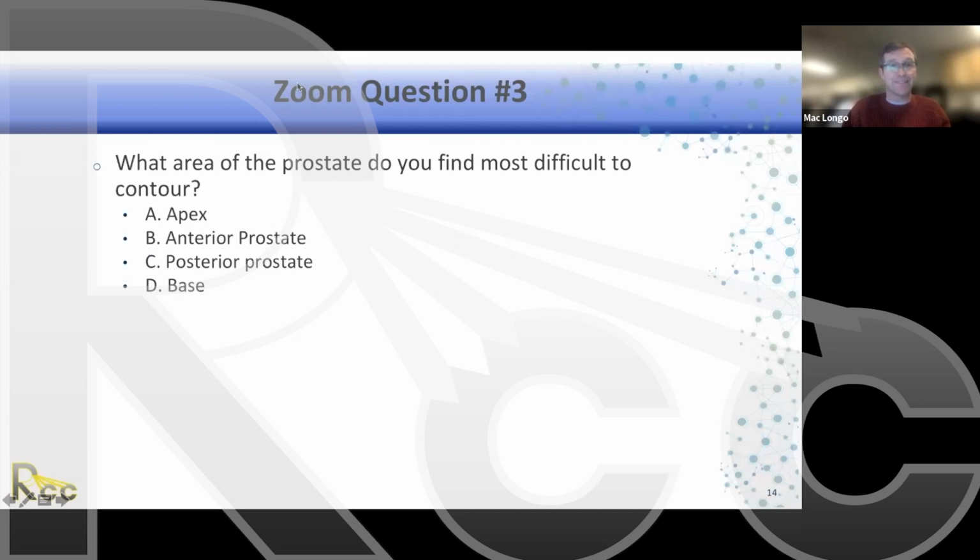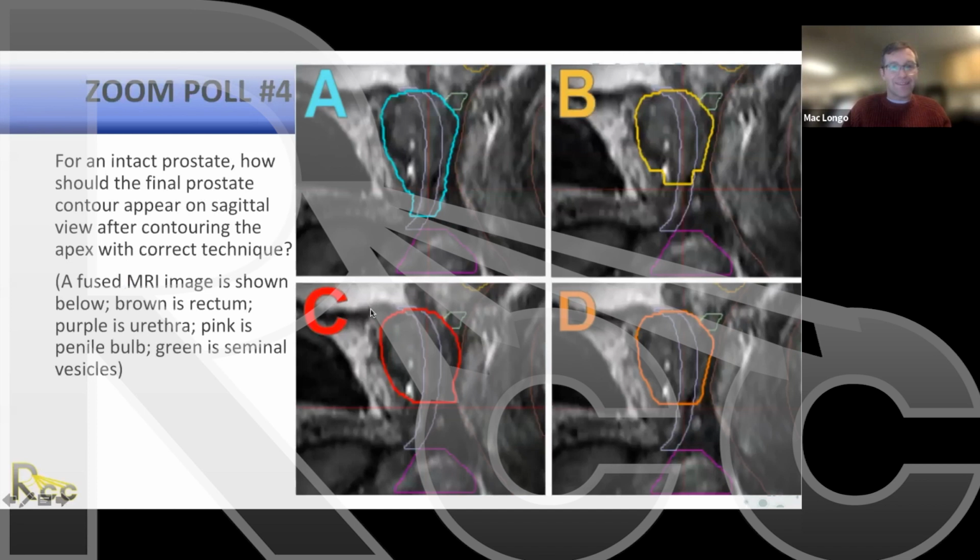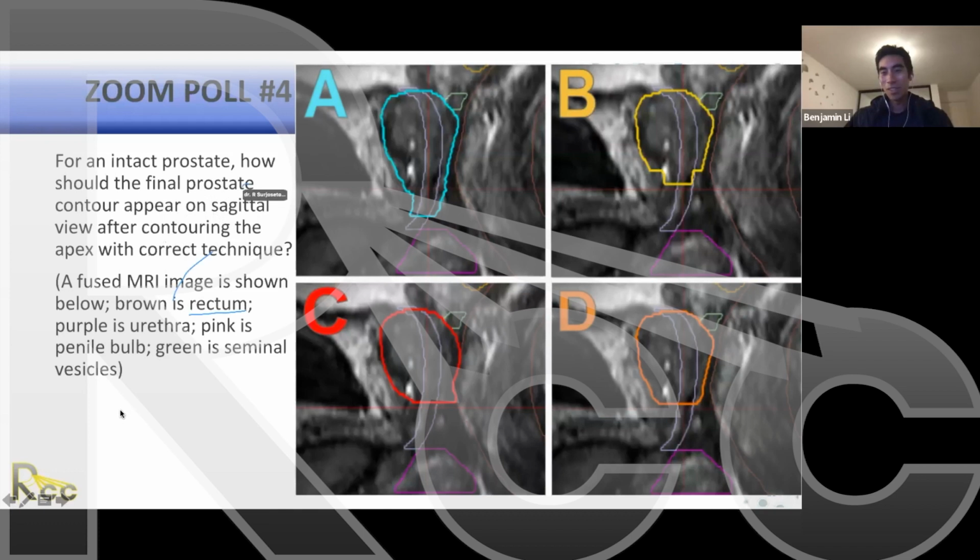So this is the question that should look familiar to you all, as it was in your pre-course test. For an intact prostate, how should the final prostate contour appear on sagittal view after contouring the apex with the correct technique? And so we'll give you a second chance at this question.